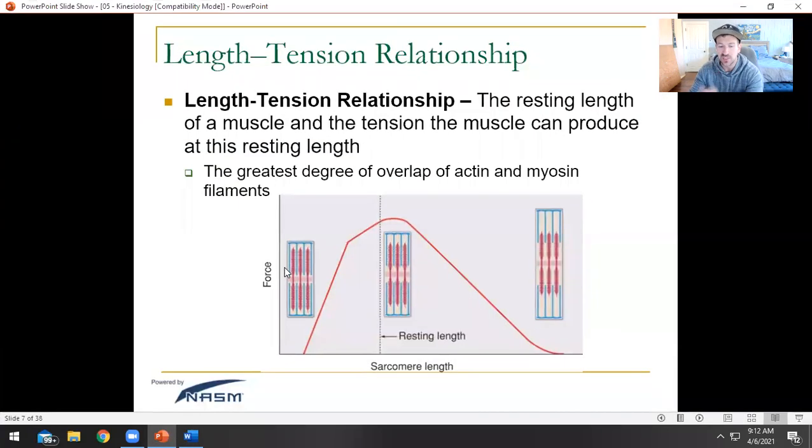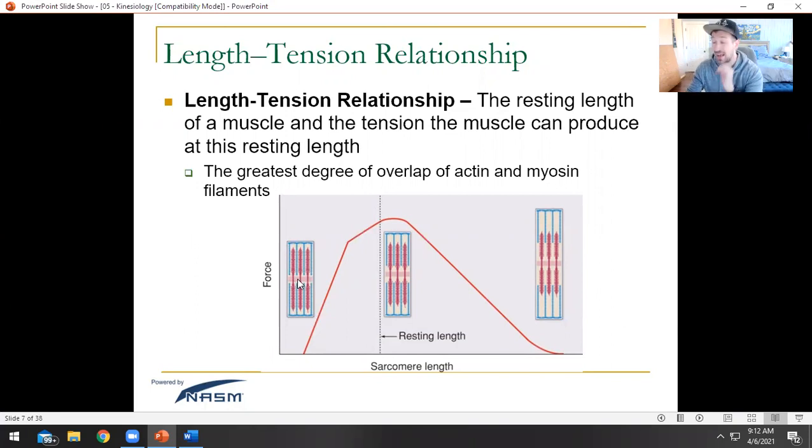So what we're seeing here is three versions of a sarcomere. This version here is a sarcomere that's very shortened. Look at how much space there is to move. There's not very much space. All the actin and all the myosin have already crawled across each other.